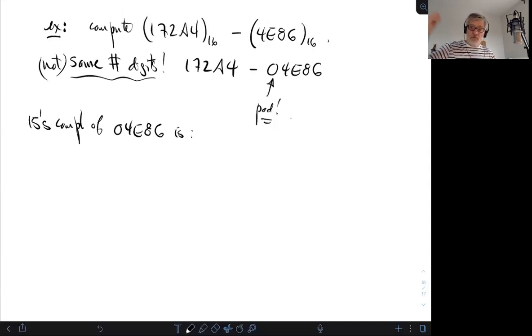So I'm going to do 15 minus each digit. So 15 minus 0 is 15. That is F. 15 minus 4 is 11, which is B. 15, so E is 14, so that'll leave 1.